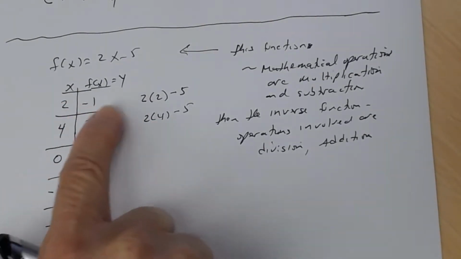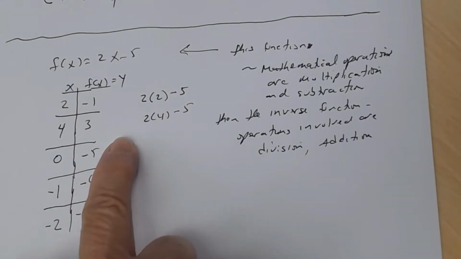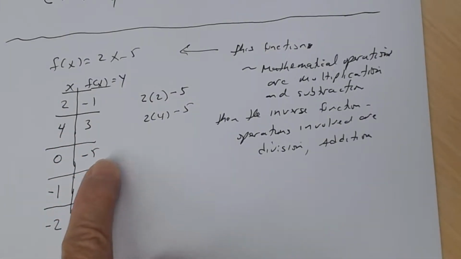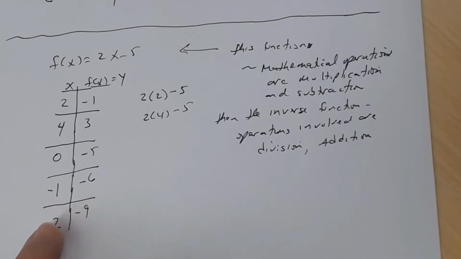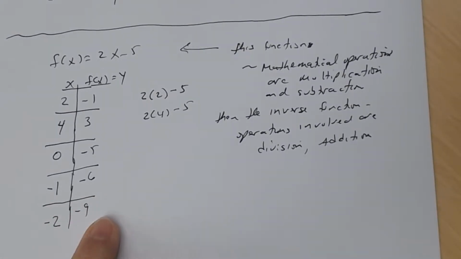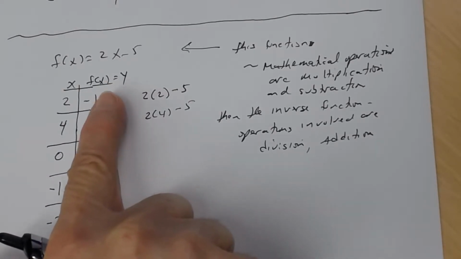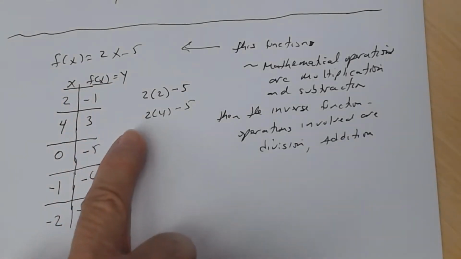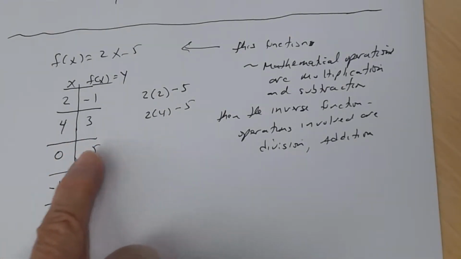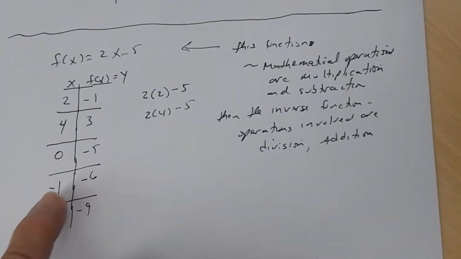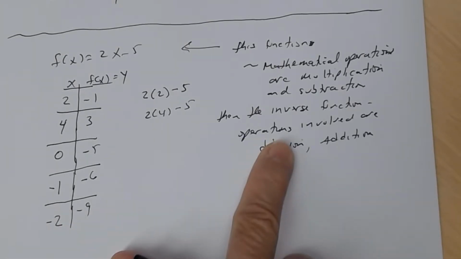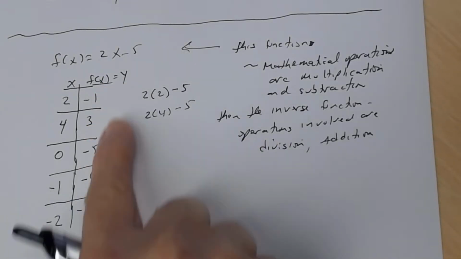I went from a 2 to a negative 1, from a 4 to a 3, from a 0 to negative 5, from negative 1 to negative 6, and from negative 2 to negative 9. I want to undo what just happened. So you want to go from negative 1 to 2, from 3 to 4, from negative 5 to 0, from negative 6 to negative 1, from negative 9 to negative 2. That's what you want to do. So that's what an inverse function does. It undoes what you just did.